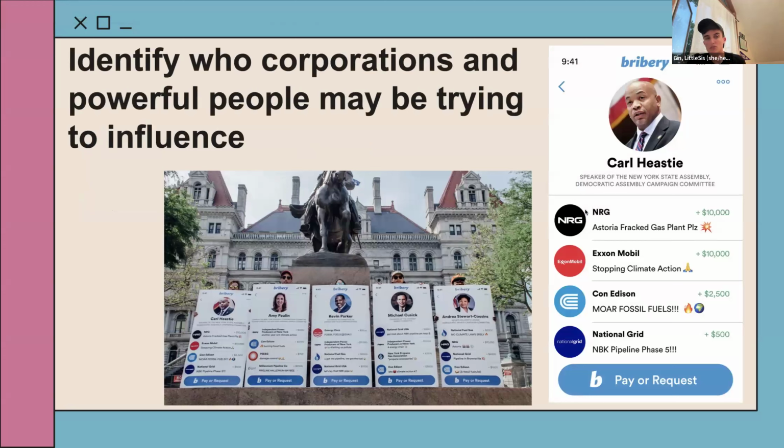Probably the most straightforward way that a lot of people come in with is identifying which corporations or powerful people may be trying to influence politicians via their campaign finance donations.